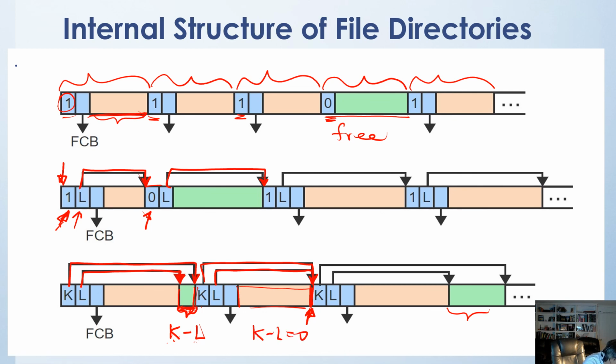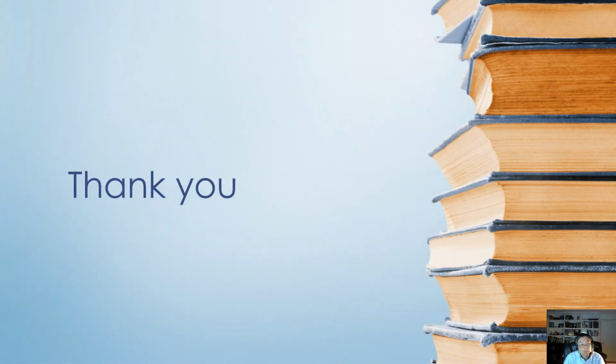In this case, again, K points to the end of the entry, L points to the end of the file name, so K minus L is this. So these are 3 approaches to deal with file directories.